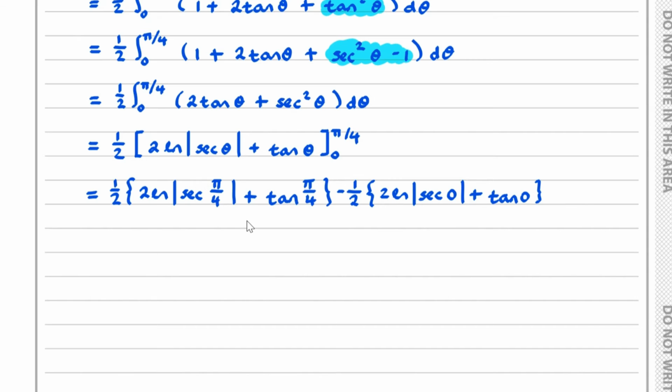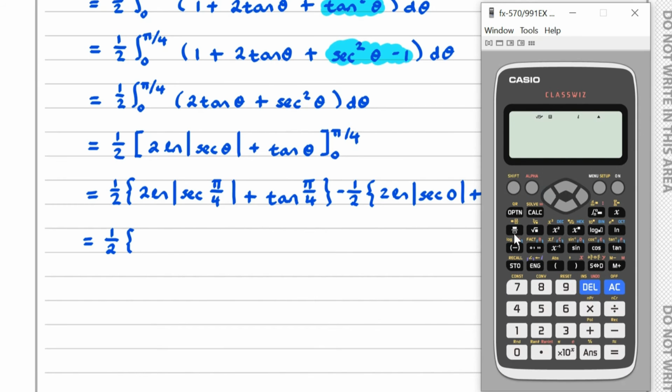So, let's work this out. We have 1/2 times, well here I've got sec of pi over 4, well that's the same as 1 over the cosine of pi over 4, which is root 2. So I've got 1/2 times 2 times the natural log of root 2, and then the tan of pi over 4, that's just going to be 1.